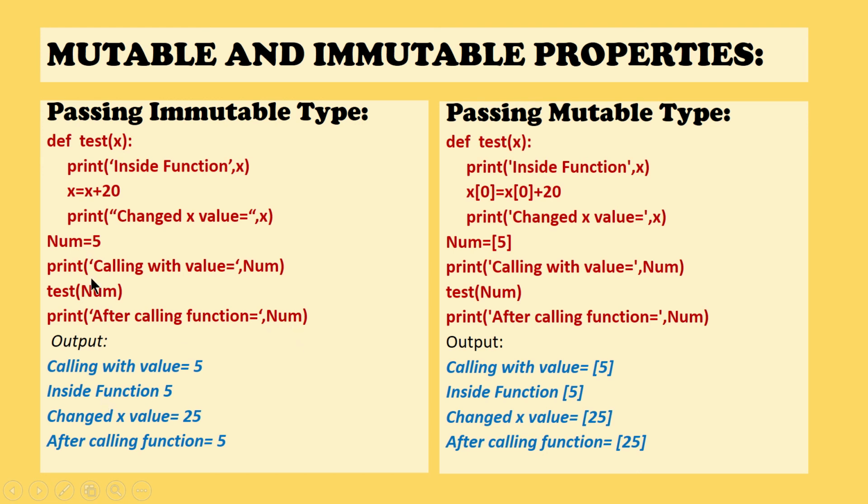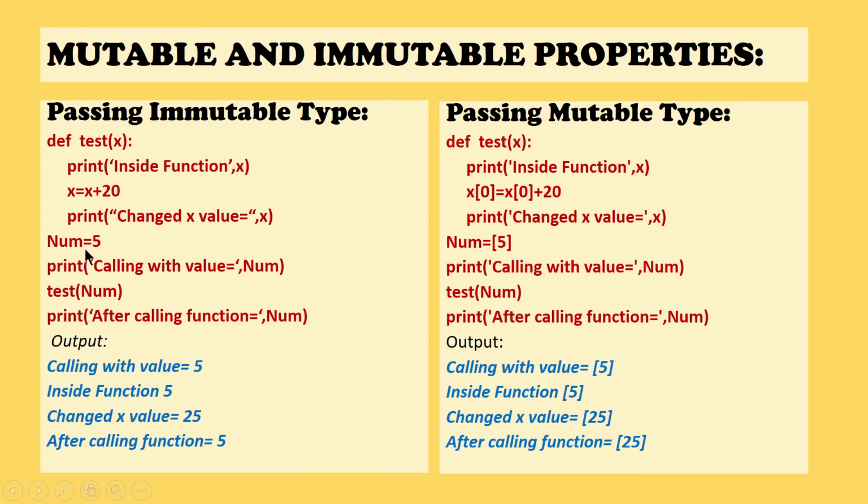So here num is called with the value 5. Inside the function test num, when you print the value, you receive 5, then you increment the value, and after incrementing, when you print the value of x, it is 25. After coming back, is the changed value reflected?